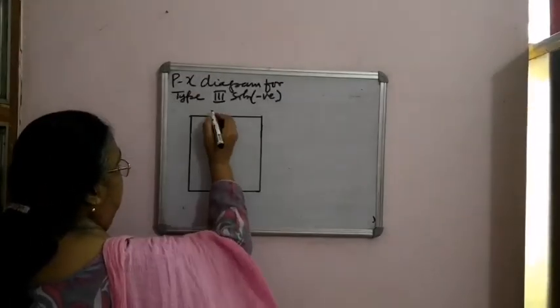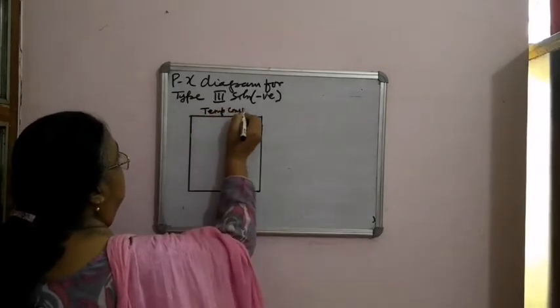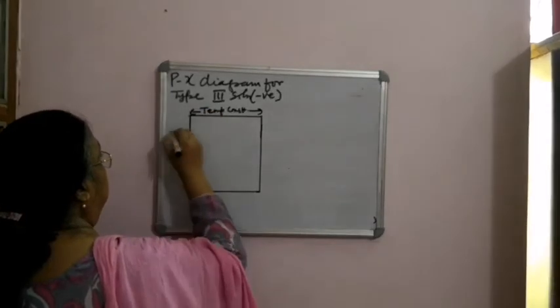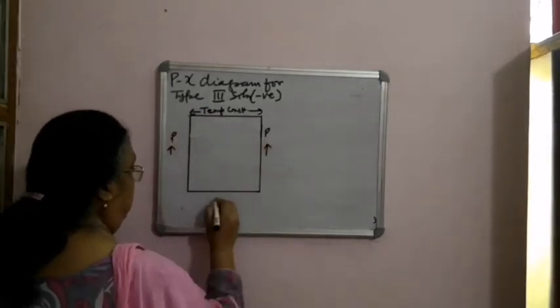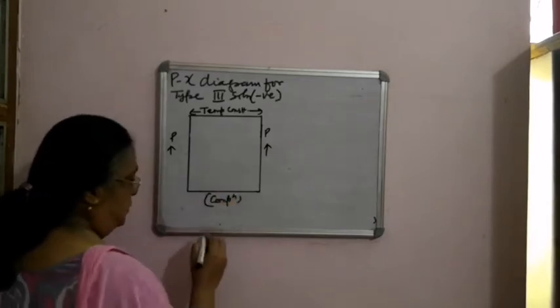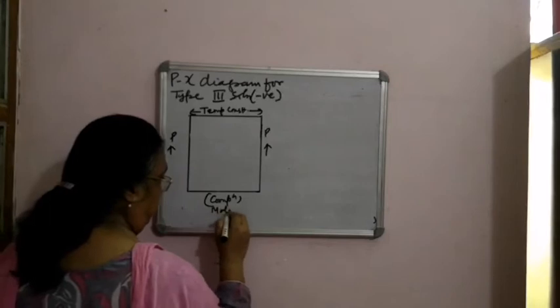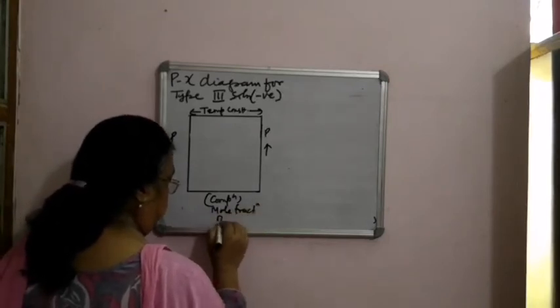It is PX diagram, so temperature constant, pressure variable, here composition. What composition? Mole fraction, or what else? Percentage.